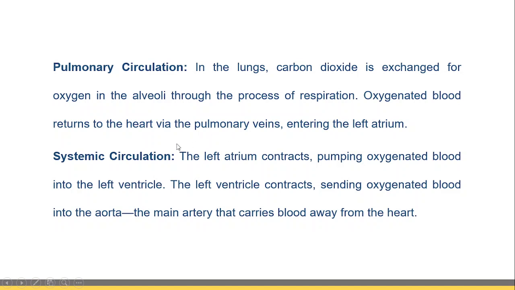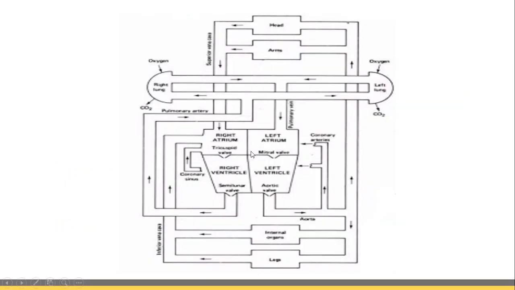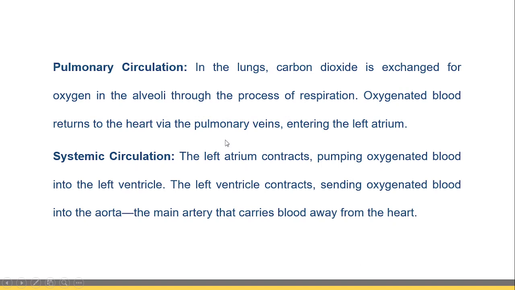The oxygenated blood returns to the heart via the pulmonary veins, entering the left atrium. Here is a model diagram showing the right lung and left lung. The exchange between oxygen and blood takes place in the alveolus, and then the oxygenated blood returns to the heart via the pulmonary veins, entering the left atrium.